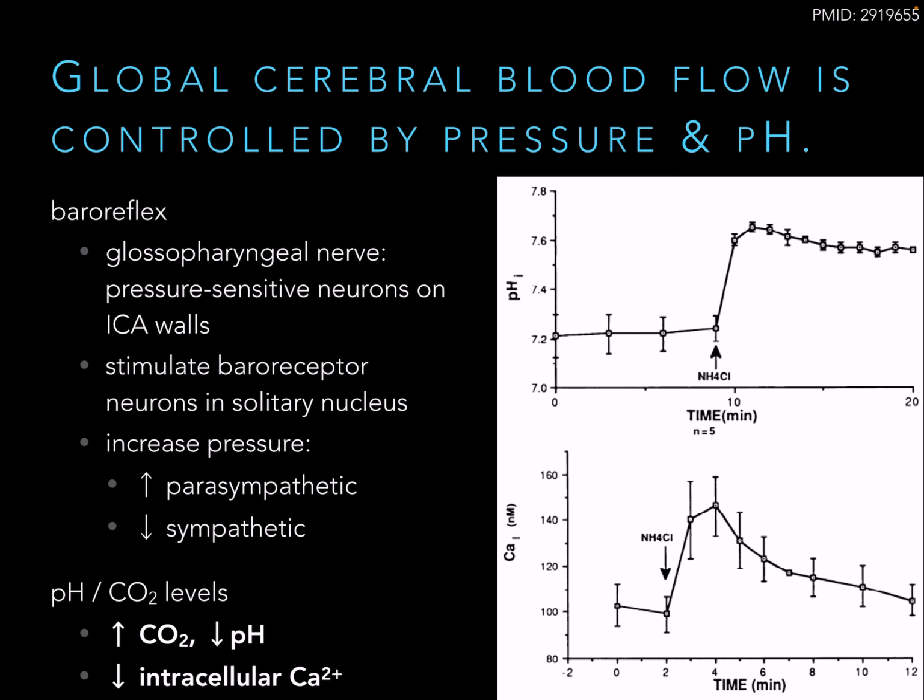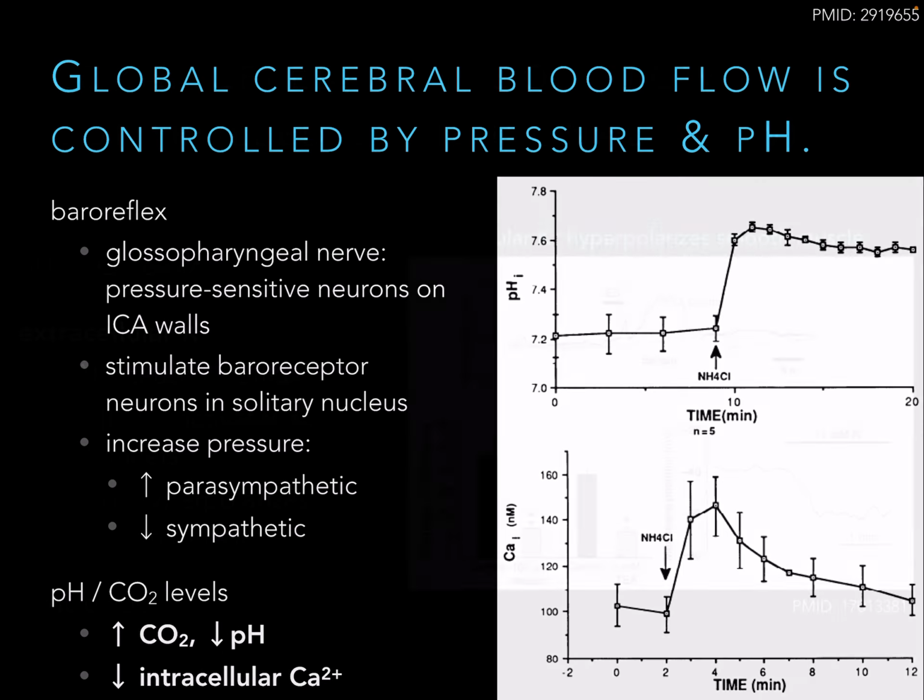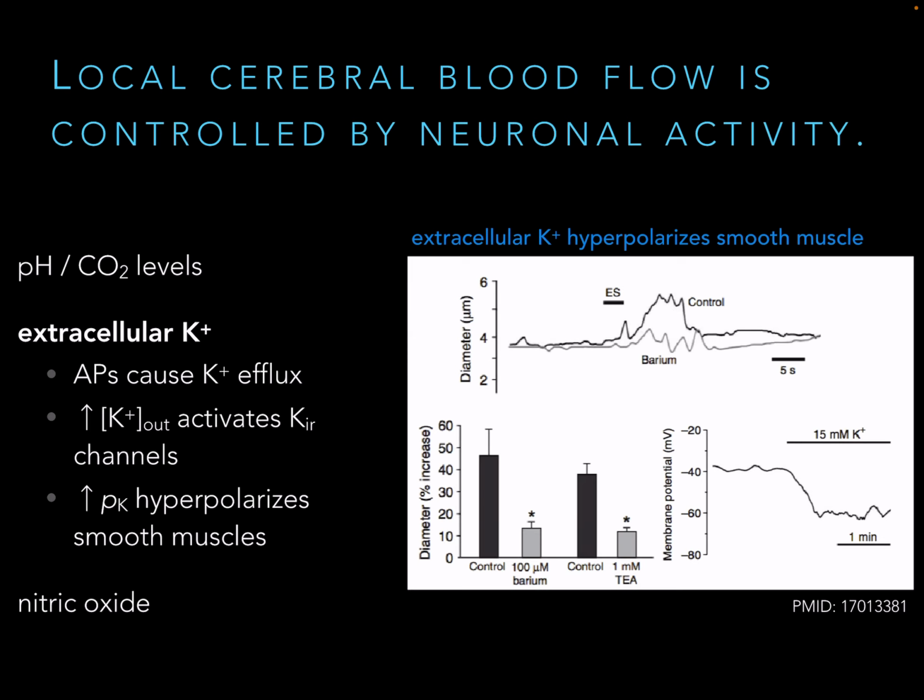These are global levels. Now, the brain also regulates where blood goes on a smaller level, which neighborhoods of the brain are more active, right? If it's a visually demanding task, occipital lobes need more blood. So we can have local changes in blood flow based on how active neurons are.